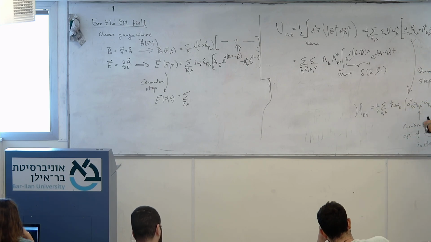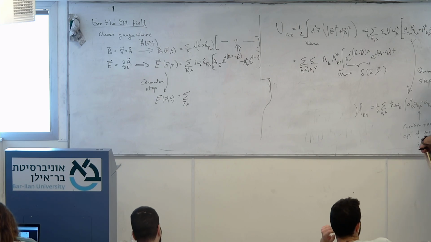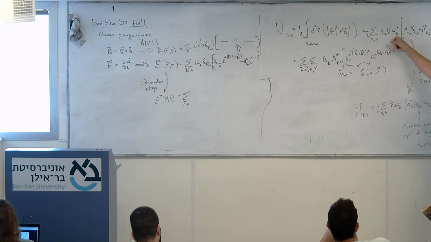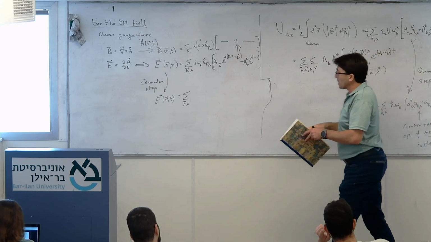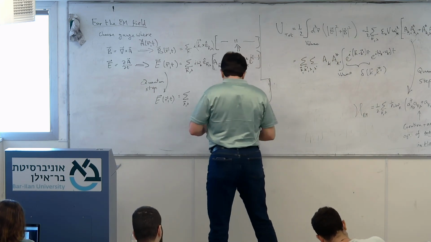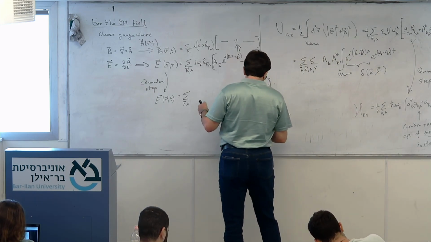I'm basically saying, look, h bar omega k times this should be equal to epsilon 0 v omega k times the units of the vector potential A. Vector potential does have units, this one does not. So that gives us a normalization factor that will appear now, and I'm going to write it.